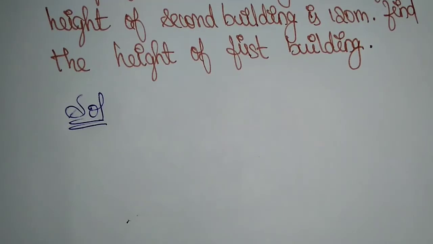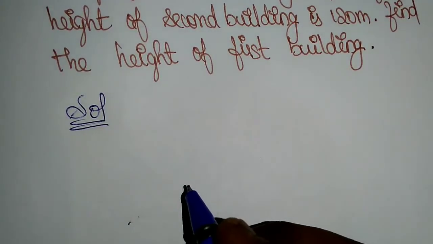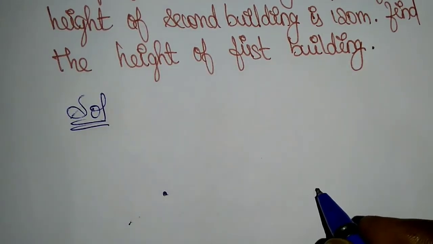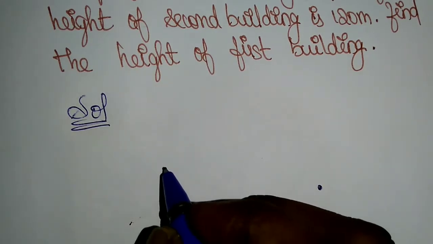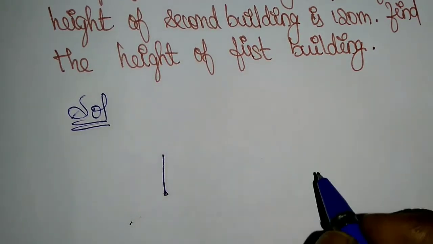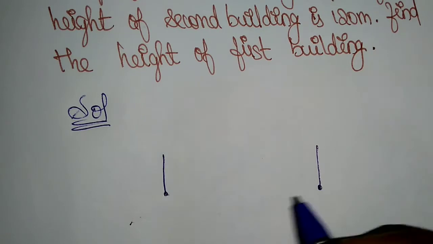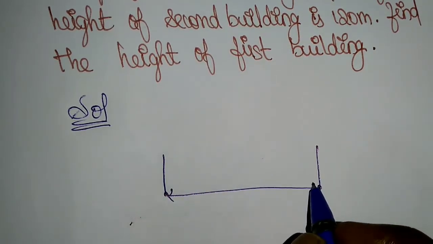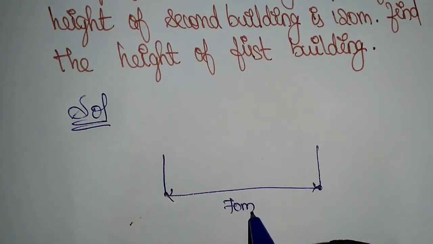Solution: the given is the horizontal distance between the first building and the second building is 70 meter.